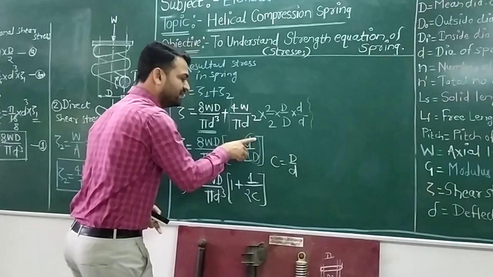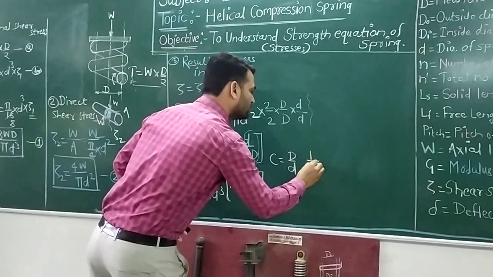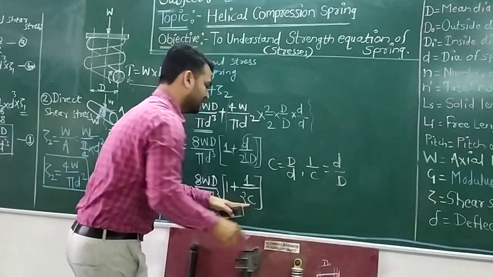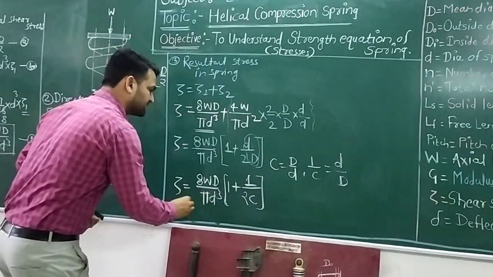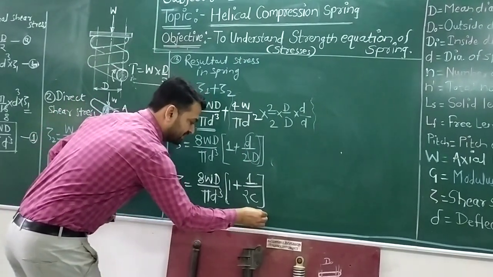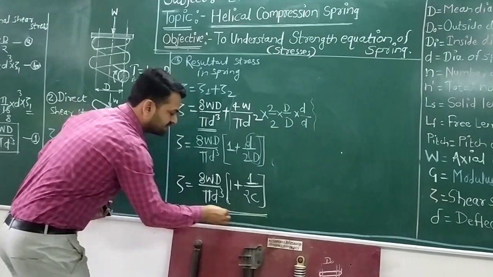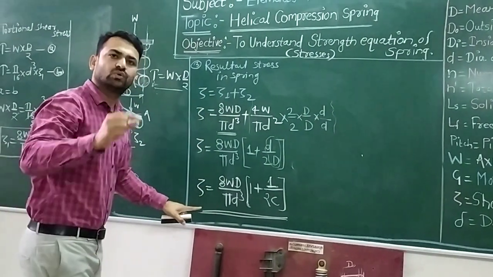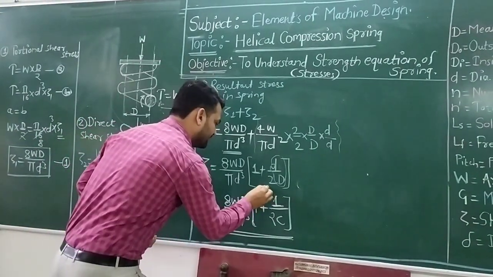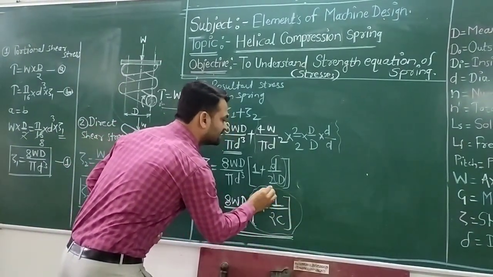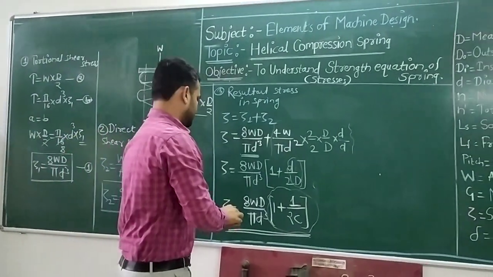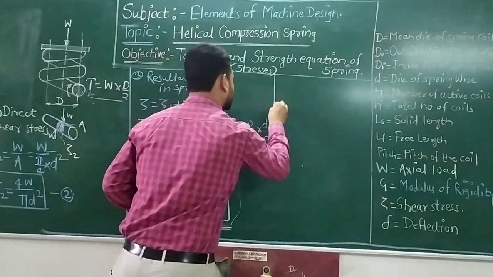So small d divided by capital D is 1 upon C, and here I can put it like this. So this is the equation of resultant stress developed inside the spring material due to torsional shear stress and direct shear stress. Again one more thing, this factor is known as the shear stress factor, and the same equation I can write like this also.